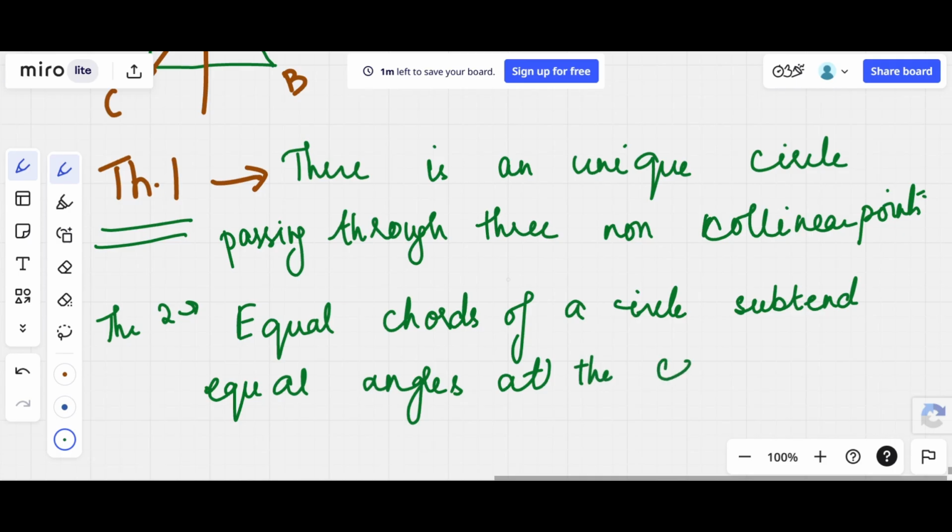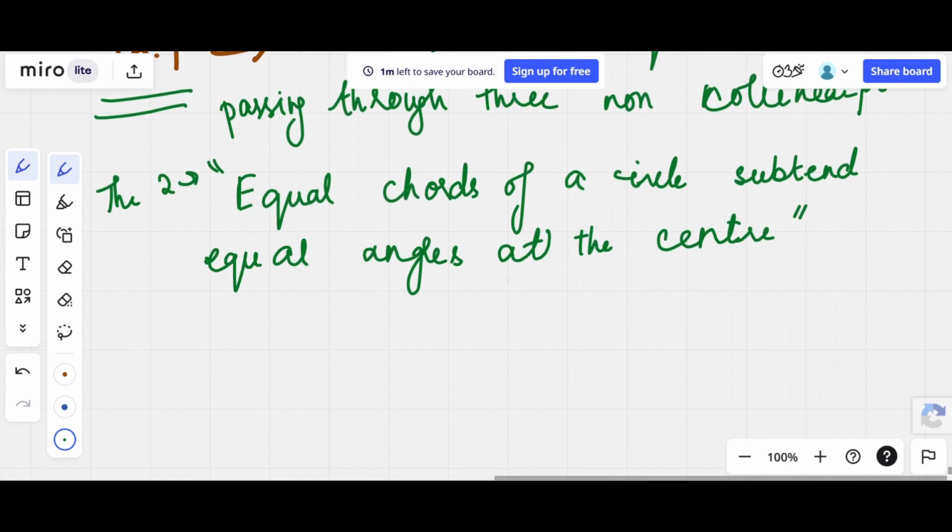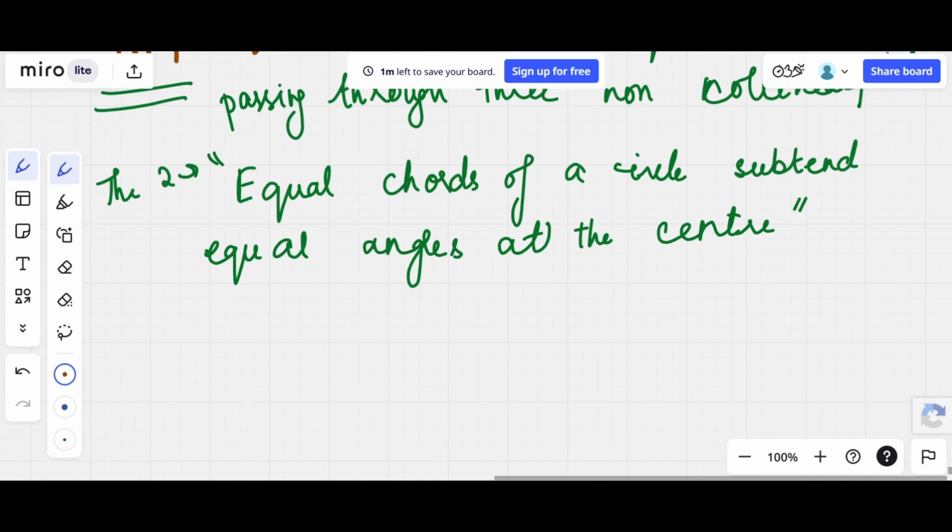Subtend means make or get. So kids, let us solve it. Write it down and after that we will come to the proving part. Write it down, let us prove.